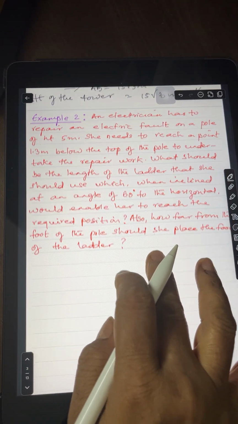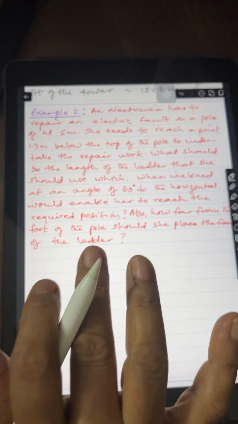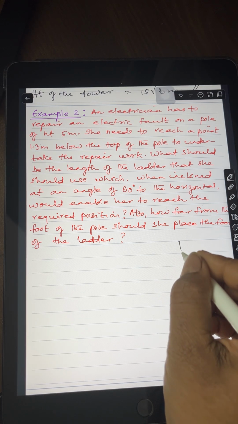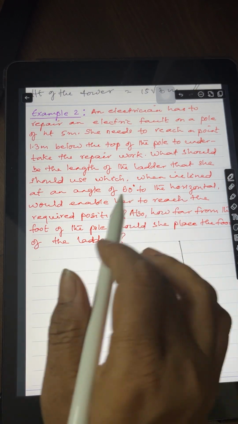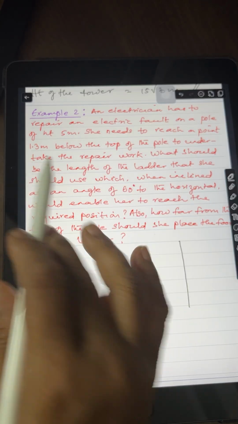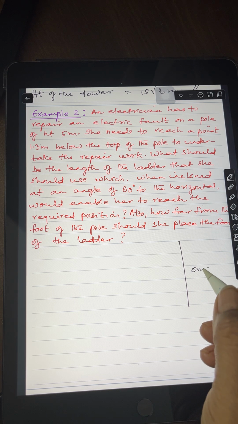Second one is, an electrician has to repair an electric fault on a pole. Suppose there is a pole here and electrician has to repair this pole of height 5. Height of the pole is 5 meter.